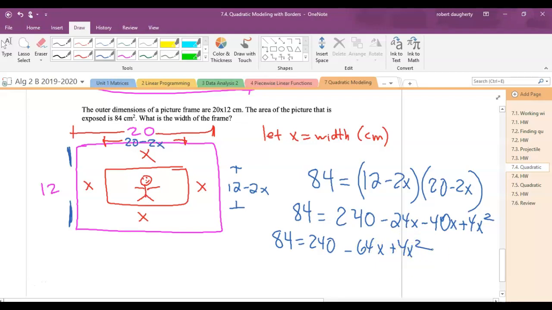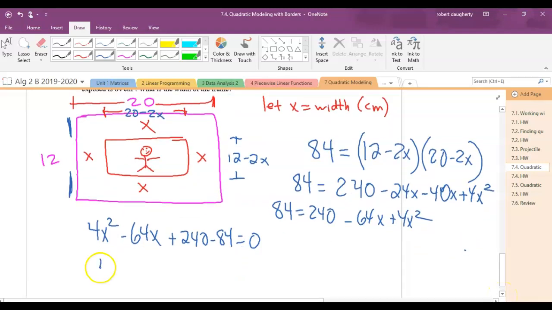I want this to be equal to what? 0. So I'm going to get 4x squared minus 64x plus 240 minus 84 equals 0. And 240 minus 84 is 156. So 4x squared minus 64x plus 156 equals 0.